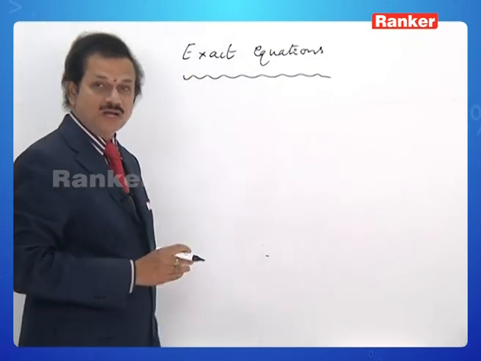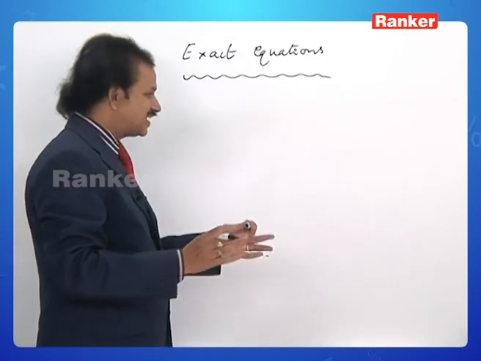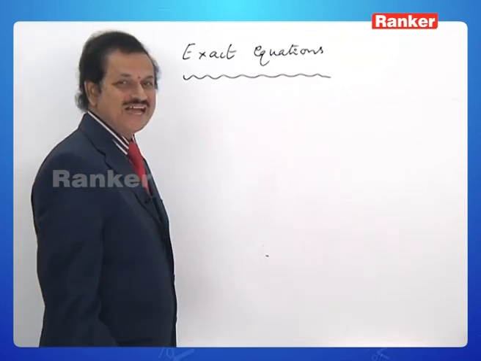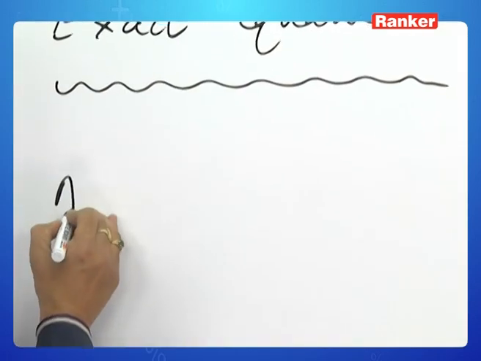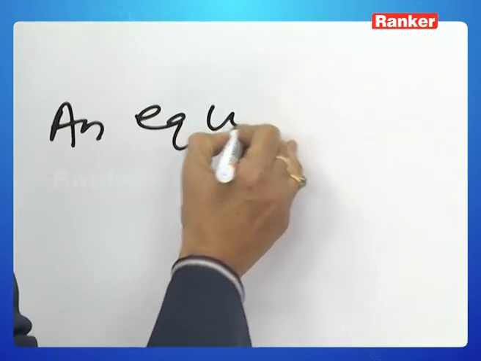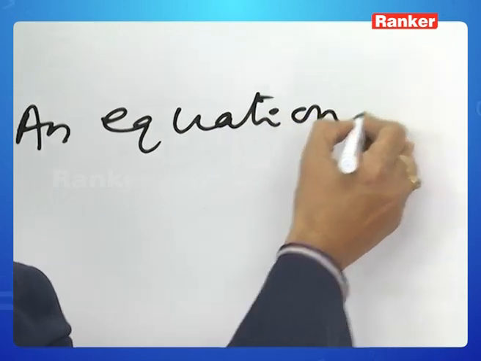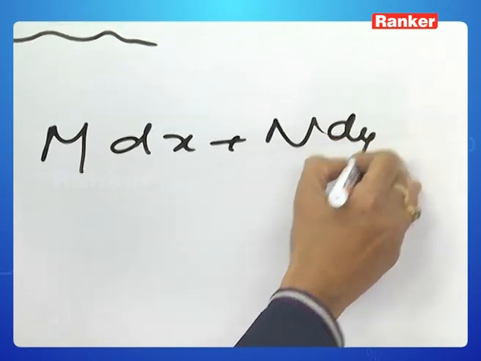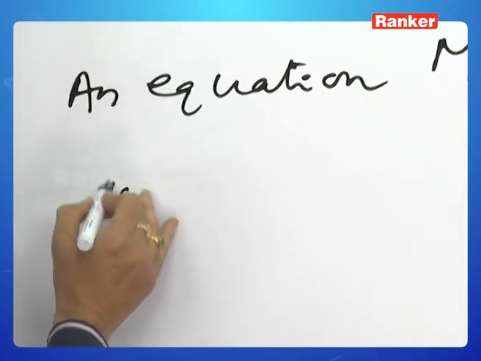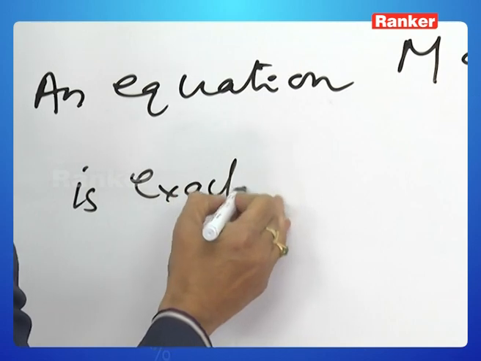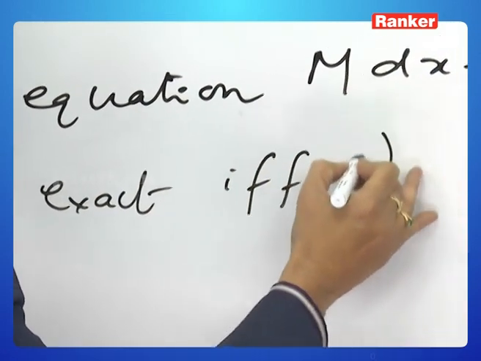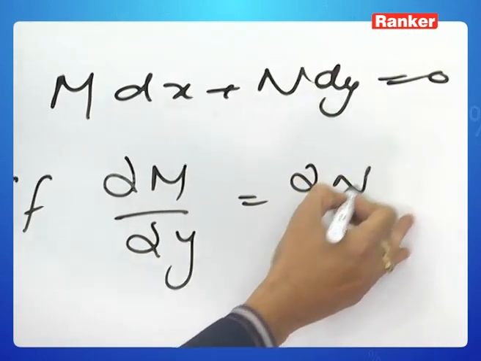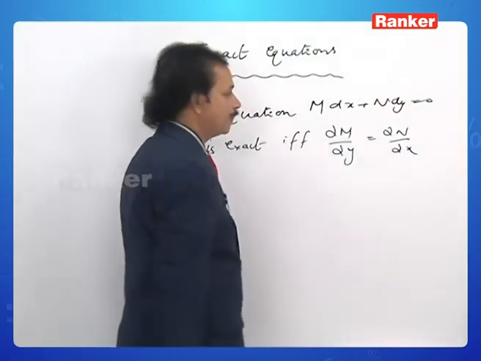Well, now we shall gather the correct statement regarding the nature of an equation which is exact, like this: an equation M dx plus N dy is equal to 0 is exact if and only if dou M by dou y is equal to dou N by dou x.